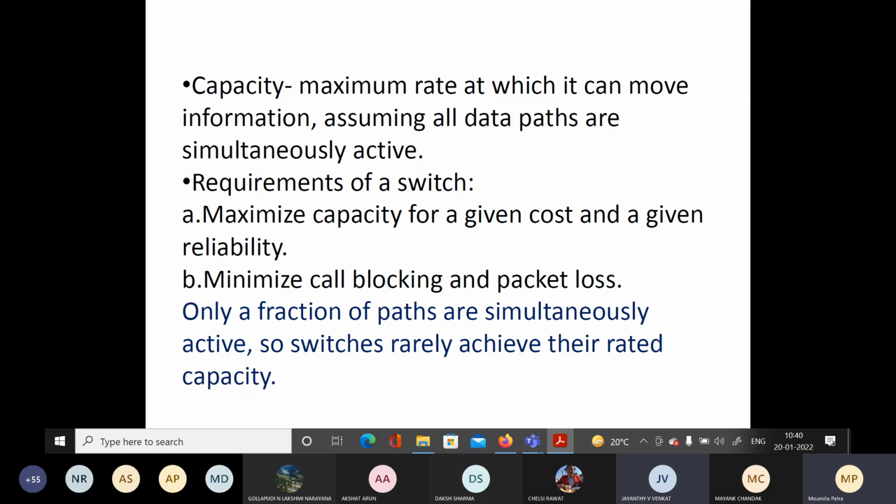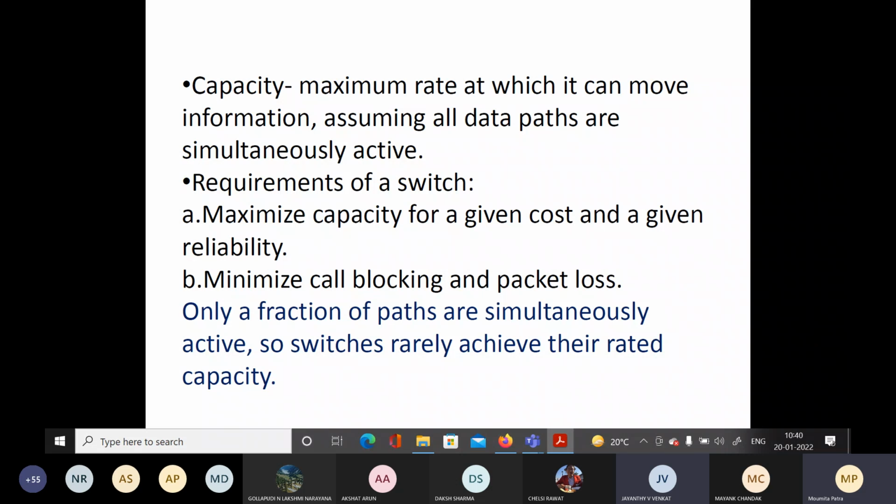However greatly you make the switch fabric, there will be certain situations where, suppose, all the packets are destined to a particular output at some time because of the bursty nature of one particular link. In that case also there will be some blocking happening.